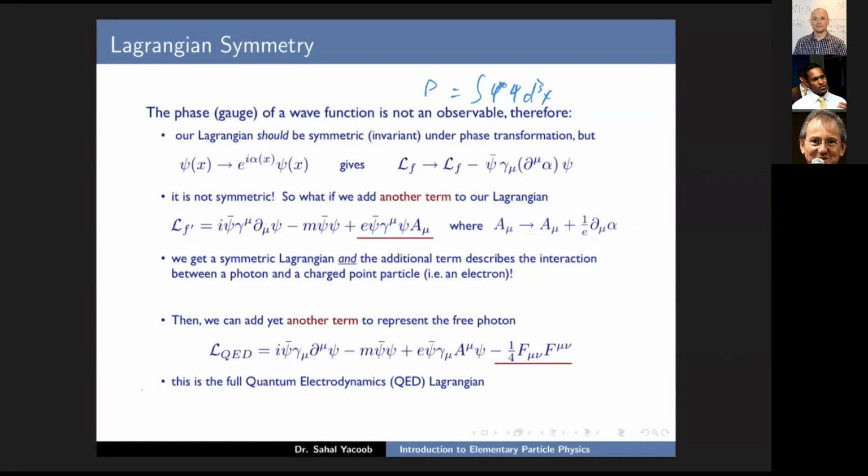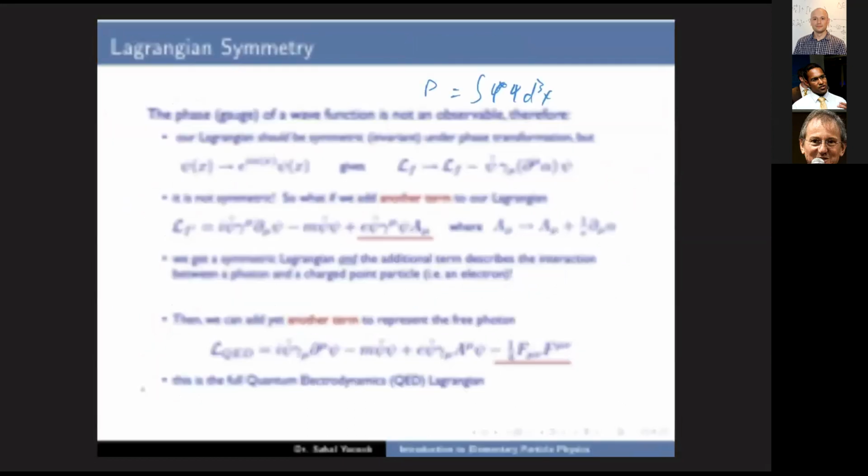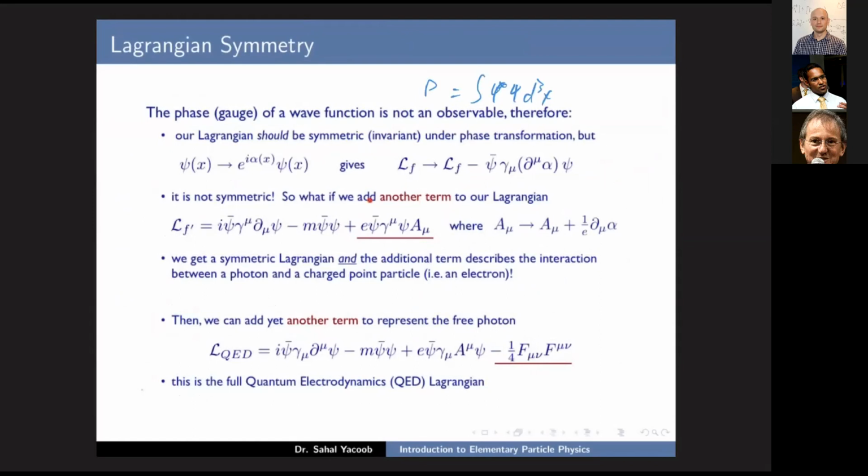So this bit is the initial Lagrangian, or part of the initial Lagrangian. Here we go, it's up here. And then we add this extra term where A mu has to behave this way.